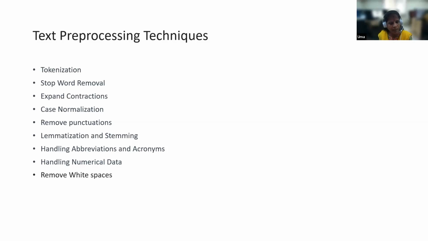Then handling numerical data. Sometimes we see text which contains both alphanumeric content, text data as well as numerical values, for example phone numbers, which will be included in the data. And the last one, remove white spaces, which removes unwanted spaces in the text. These are all the techniques we are going to use in our NLP.